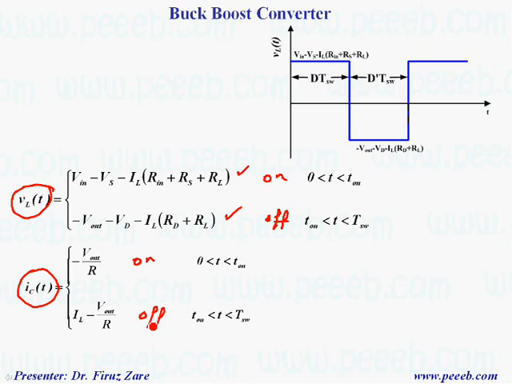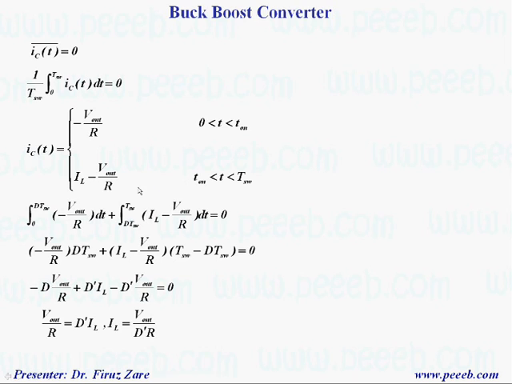So in order to find the steady state equations, we need to find the average voltage across the inductor and the average current through the capacitor. So now we can find the average current through the capacitor according to this equation. We have the current through the capacitor when the switch is on and when the switch is off. So the average over one cycle is 0.